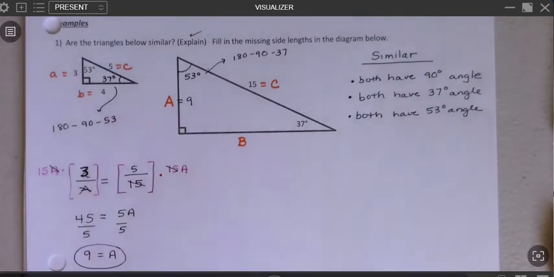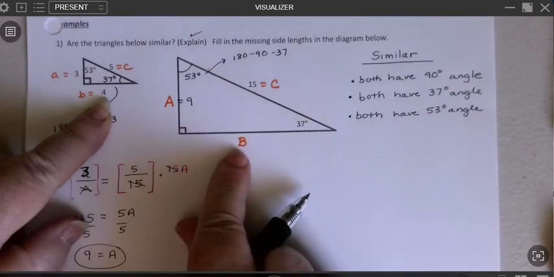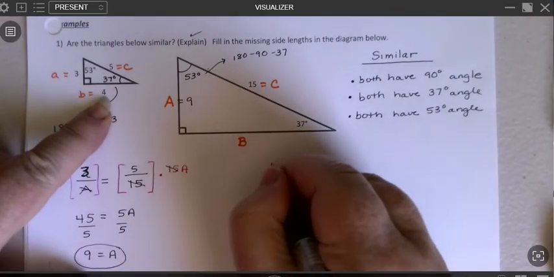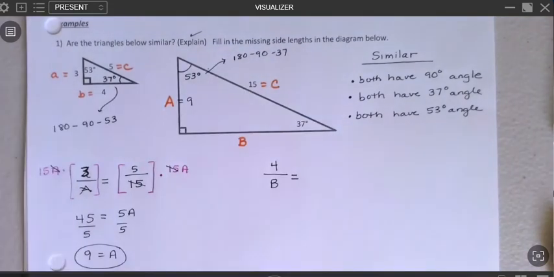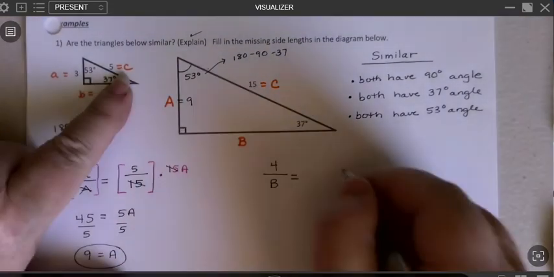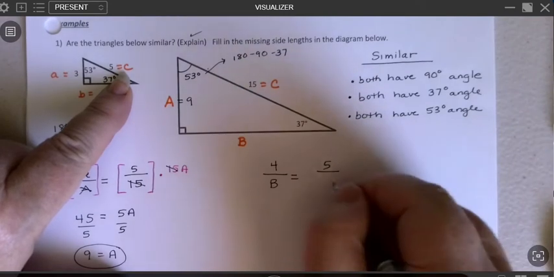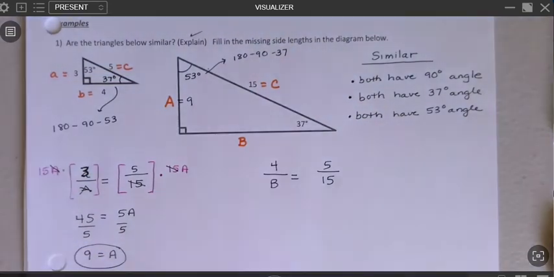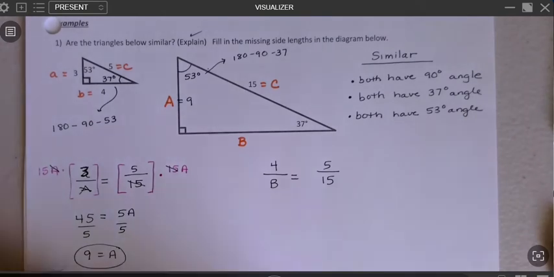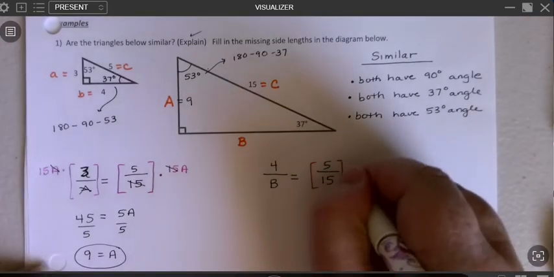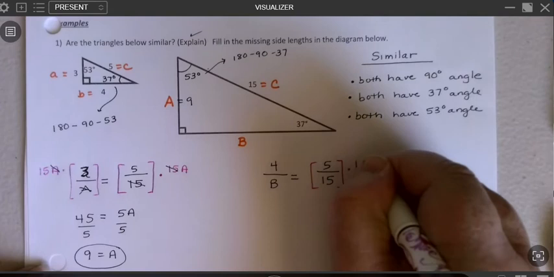Let's run through the same thing with the b's real quick. For the b's, little b is 4, capital B is unknown. I'll set that equal to little c is 5 over capital C is 15. And then same deal. I'd like to get rid of the fractions, so I'm going to multiply by the common denominator, 15b.